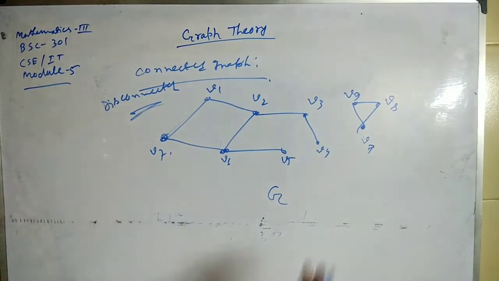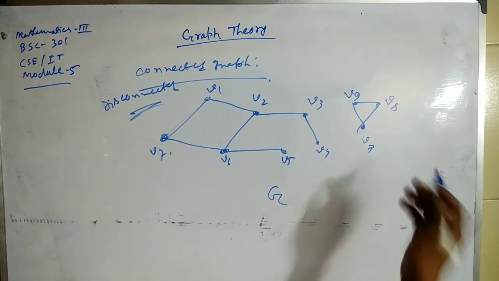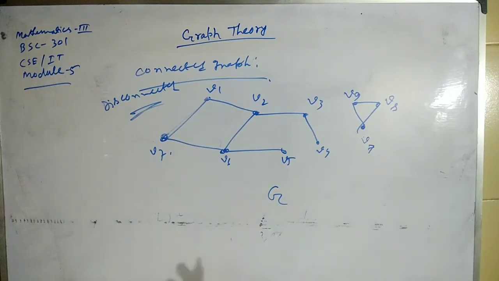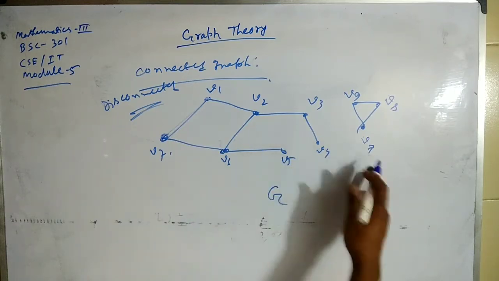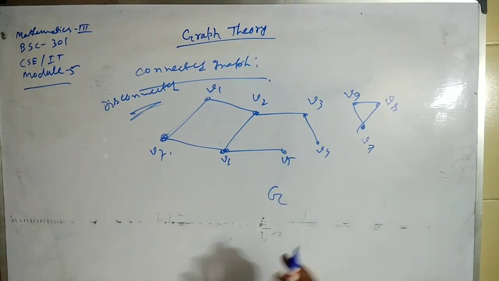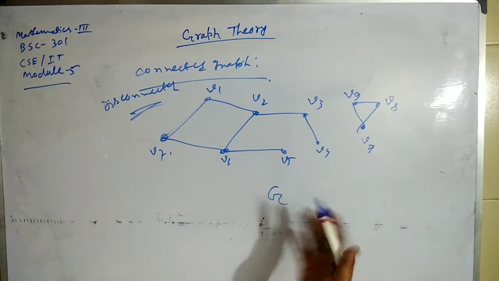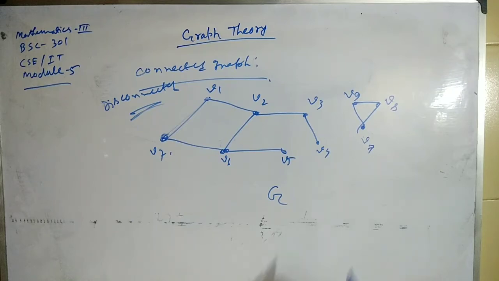So a disconnected graph is actually a collection of some connected graphs. You can draw another connected graph, and this will also be a disconnected graph. A disconnected graph is a collection of connected graphs, and these are called components. Here there are two components in this disconnected graph. Clear what is a connected graph and a disconnected graph?